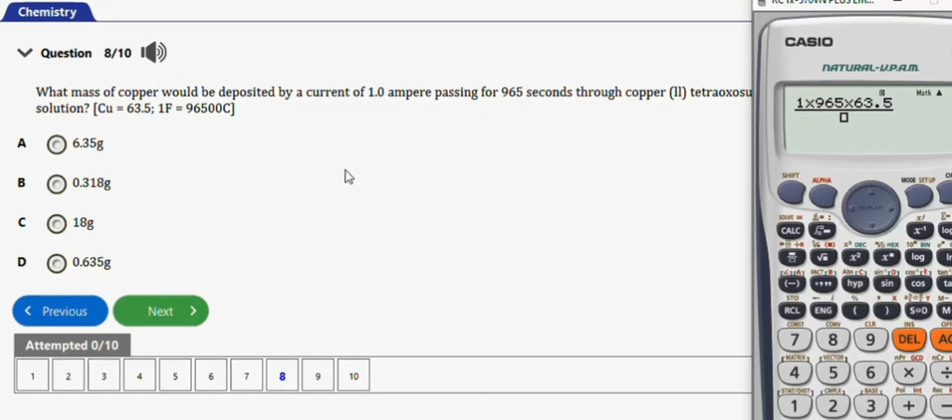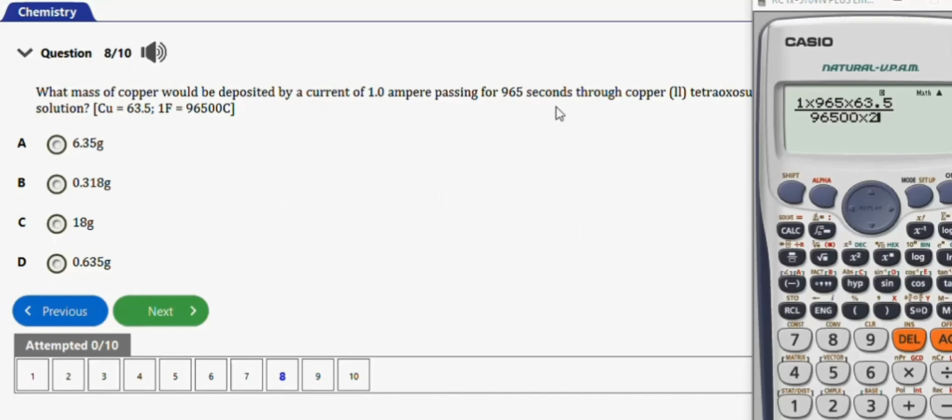Since it's copper ion, it is going to gain 2 electrons to form copper atom. So this shows that this is going to give us 96,500 times 2.